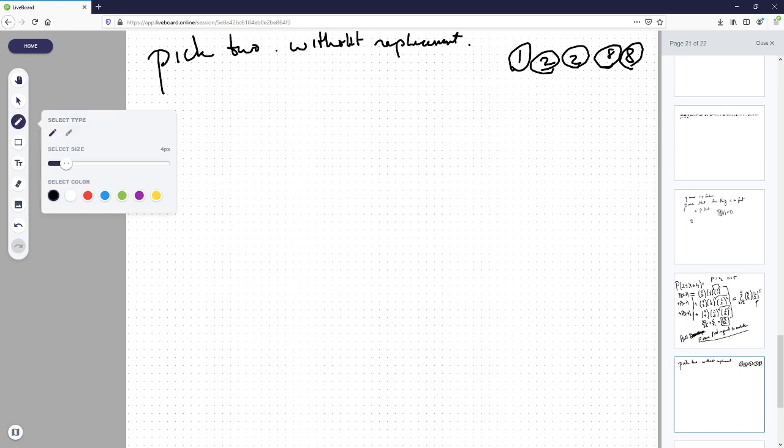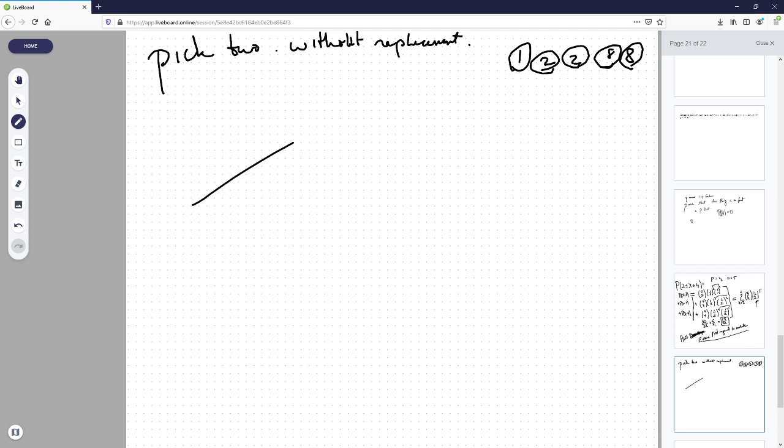So for this, it's actually useful to draw out a tree, and let me show you how the tree works. So the probability of picking a 1 is 1 out of 5. The probability of picking a 2 is 2 out of 5. The probability of picking an 8 is 2 out of 5.